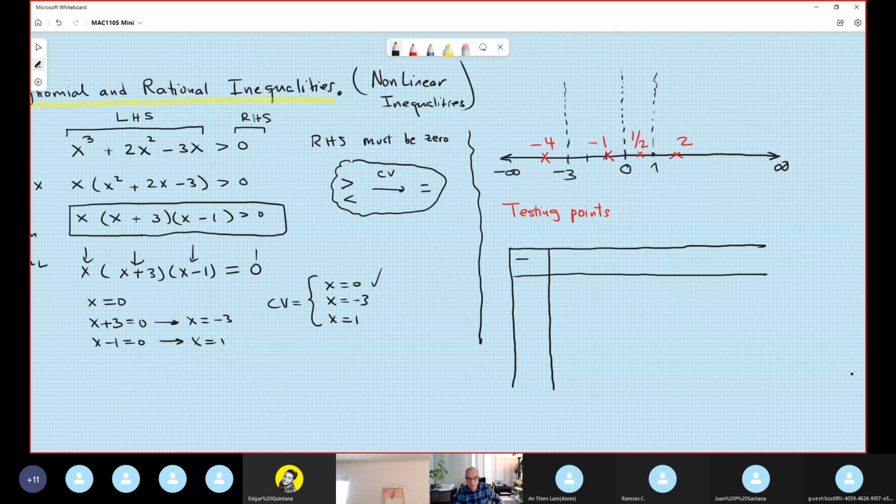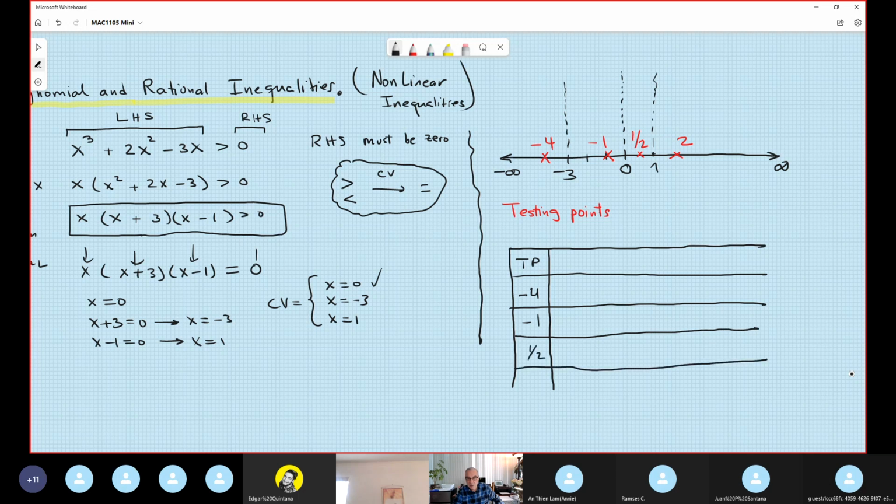I call it TP, testing point, and you list vertically the testing points: -4, and create one row. -1, I create the next row. 1/2, the next row, and 2, I finish the table. Now we have different columns, no? And the columns represent the factors involved in my problem.